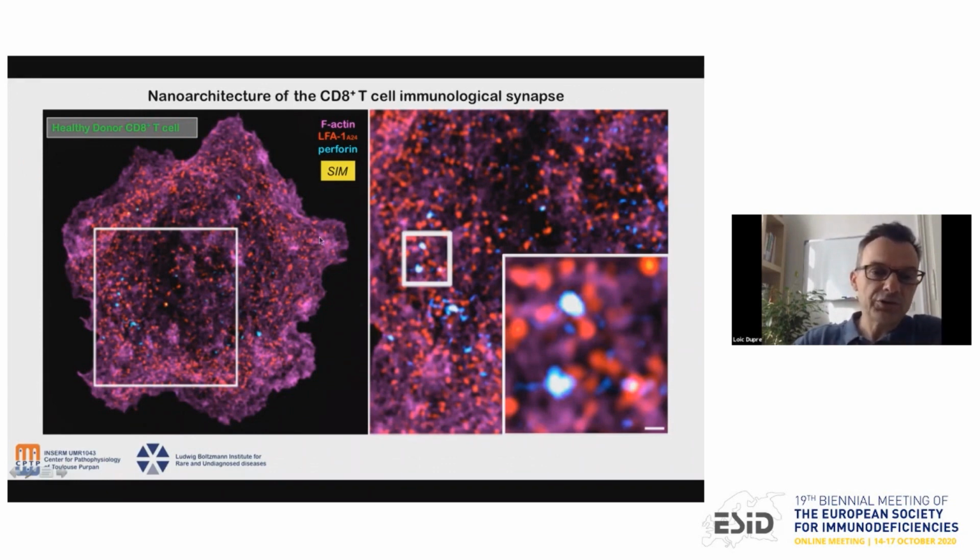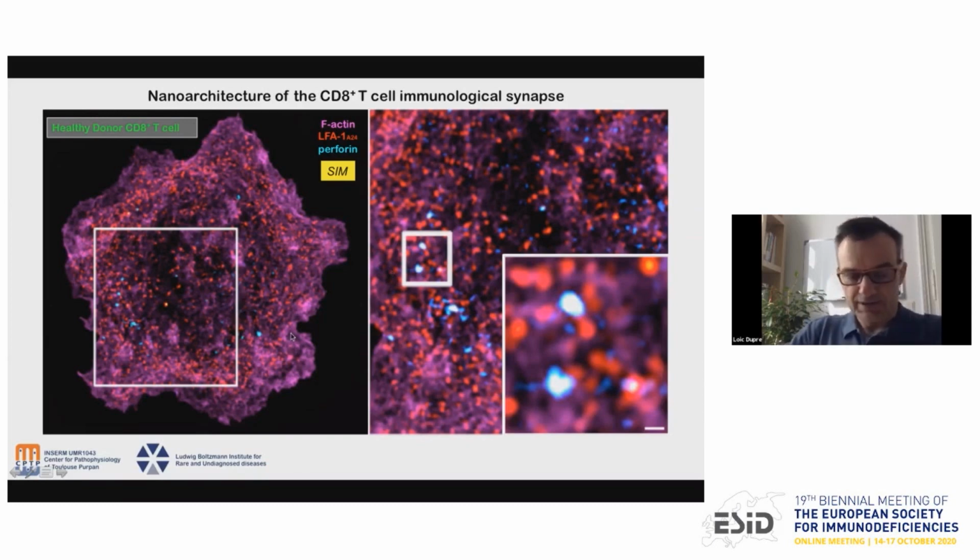So what you see here, those red dots correspond to actually the organization of high affinity LFA1, which we found to be organized into very dense and compact LFA1 nanoclusters, which were embedded actually in the finely reticulated actin cytoskeleton meshwork.